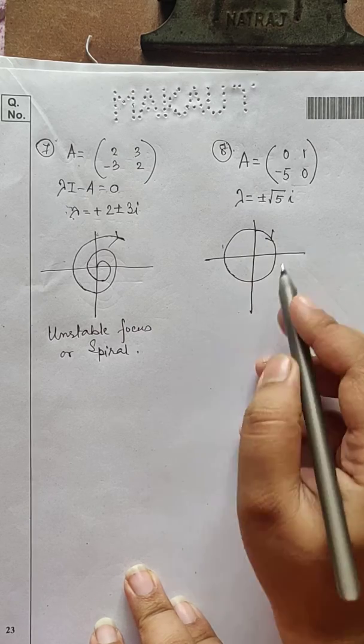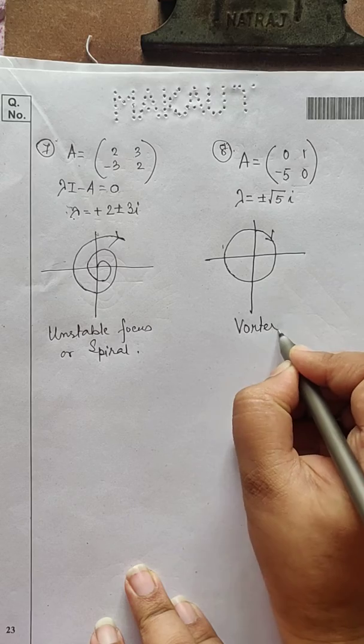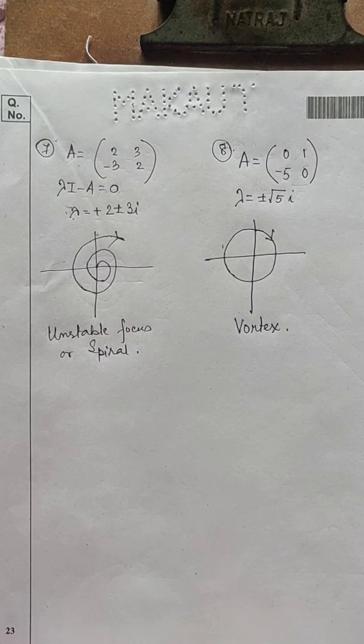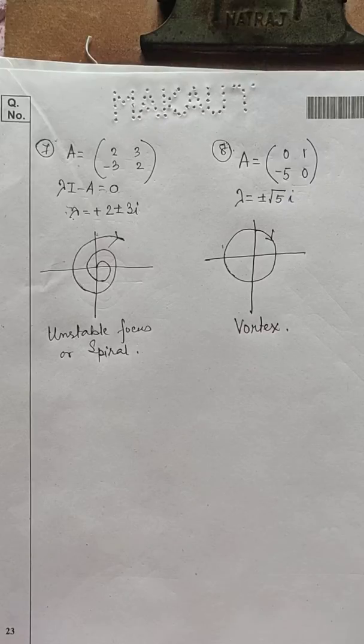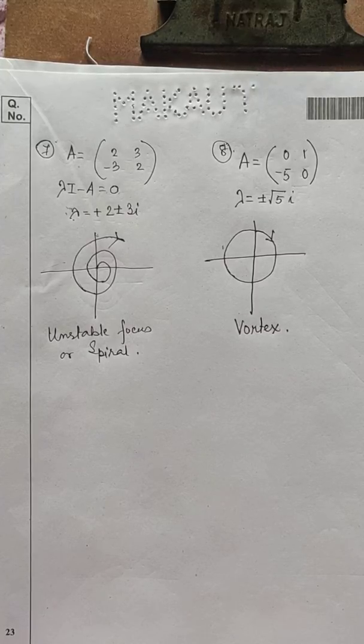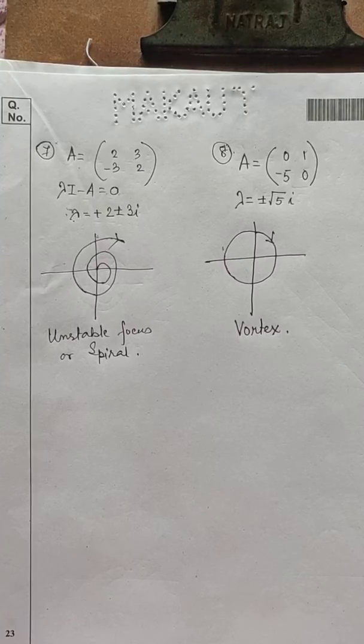Therefore, in such a situation, the equilibrium point is named a vortex. So these are the different ways by which, given different types of eigenvalue, we can identify whether the phase portrait will be a straight line, a family of straight lines, a spiral or a circle.